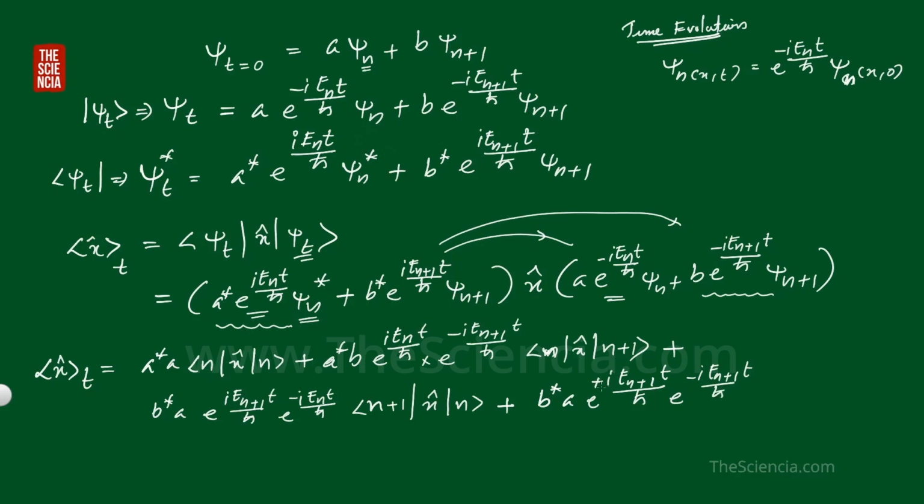Sorry, here it is plus. Bra n+1 x cap ket n+1. Here this one is equal to 1, when we multiply these two, we get 1.